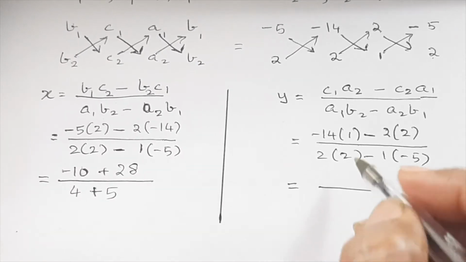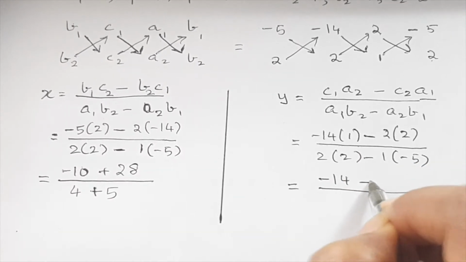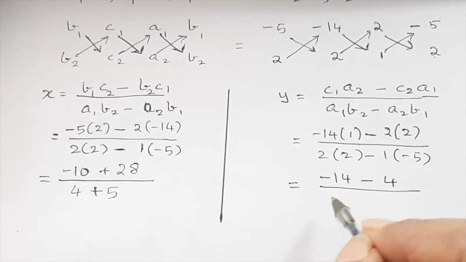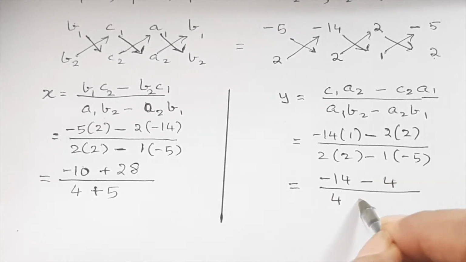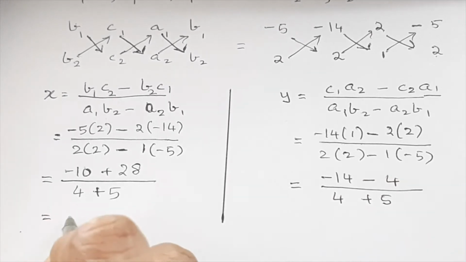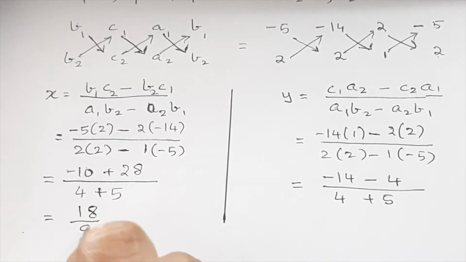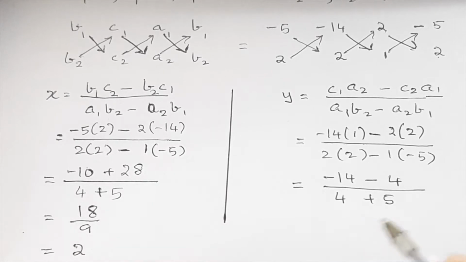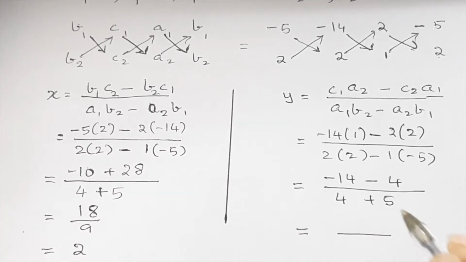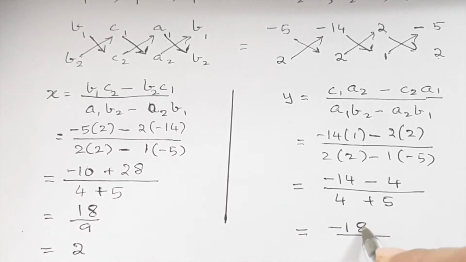And for our y value, it will be minus 14 minus 4, and here it will be exactly the same 4 and here plus 5. So we will have 28 minus 10, that is 18 upon 9, which is equal to 2. And here it will be minus 18 upon 9, which is minus 2.